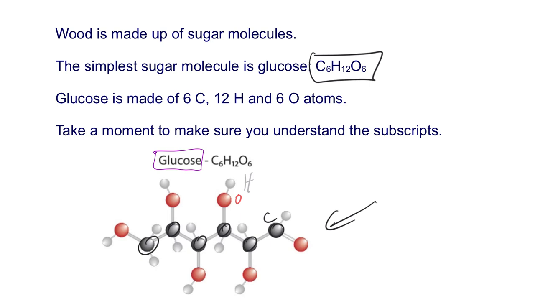Okay, so you can see each hydrogen has one stick. Each oxygen has two sticks. And each carbon has four sticks. 1, 2, 3, 4. And so you can build these gigantic molecules.